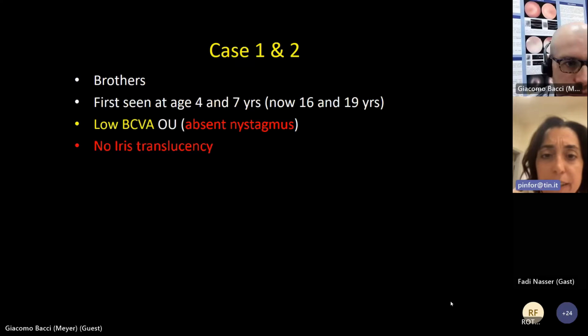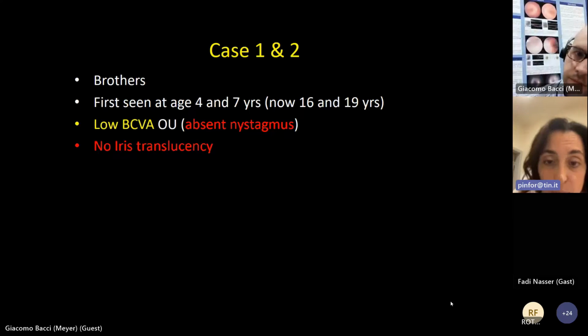The first is case 1 and 2. This is a case of brothers, first seen at age 4 and 7 years old, and now the first is 16 years old and the last one 19 years old.